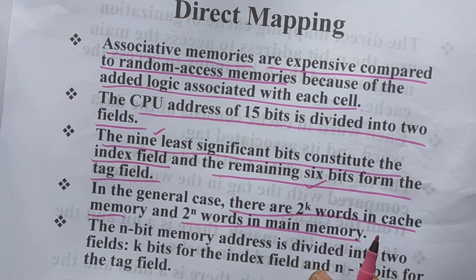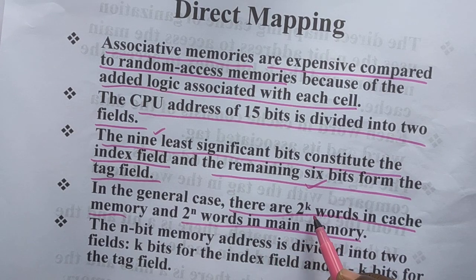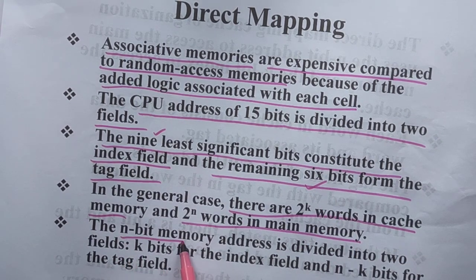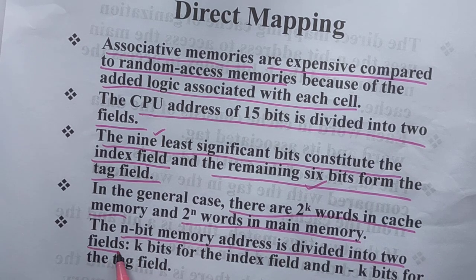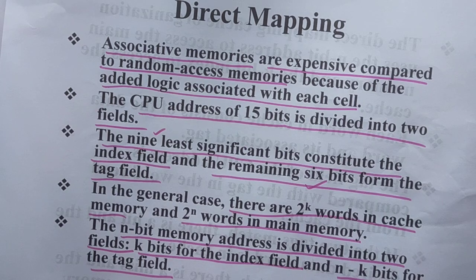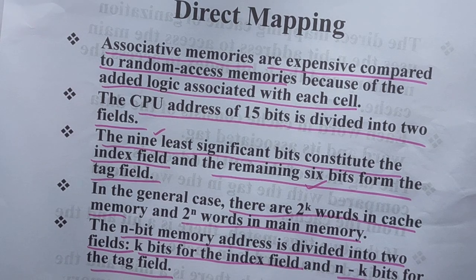In that case also, whenever the CPU address is defined, we see how many words are in cache or how many words are in memory, and based on that we define it. Suppose the n-bit memory address is divided into two fields: k bits for the index field and n minus k bits for the tag field.